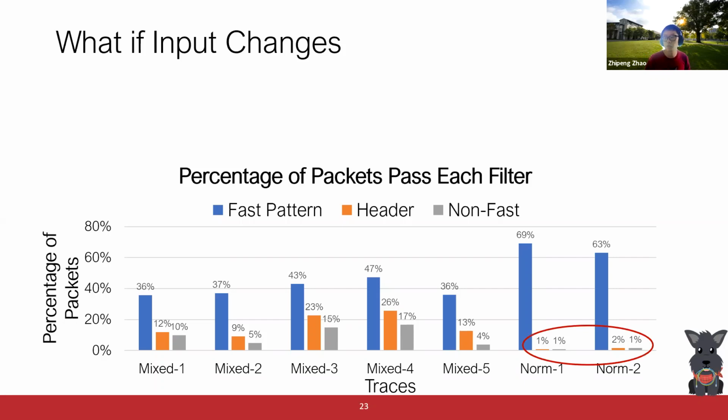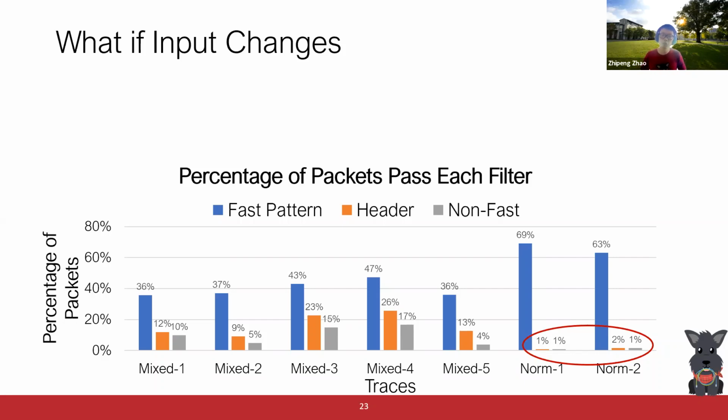So let's first zoom into the last 2 traces, where we can see that the intersection of the fast pattern filter and the header filter is already very effective. The non-fast pattern filter doesn't really filter out too much traffic, as the header matching, as previous to orthogonal filters, is already effective enough.